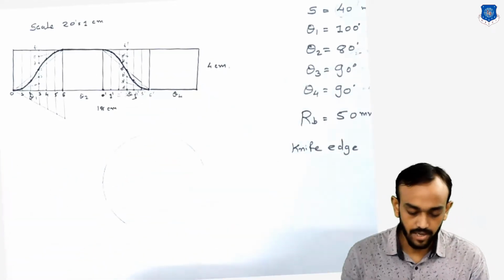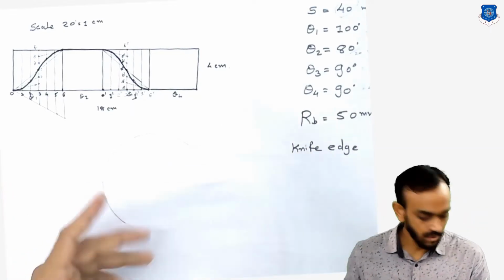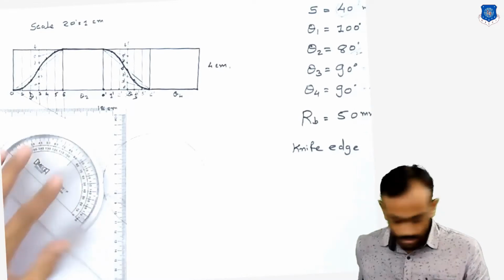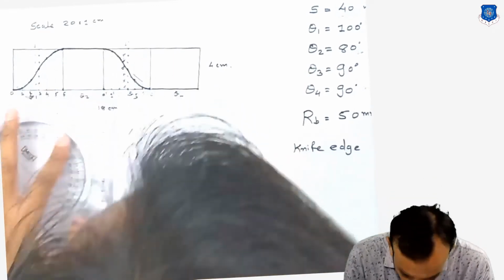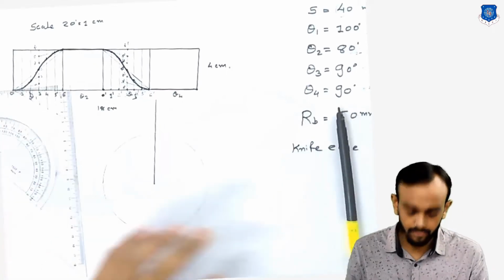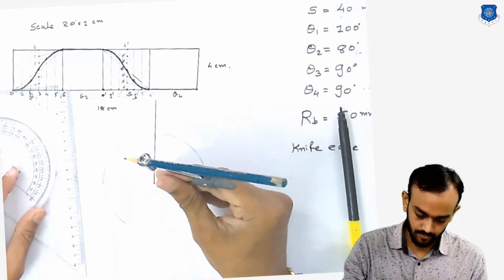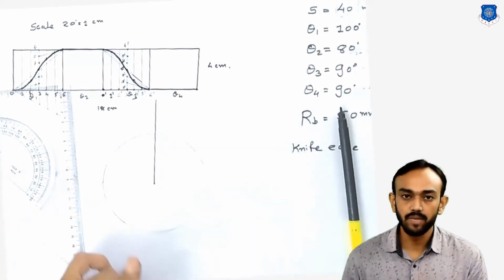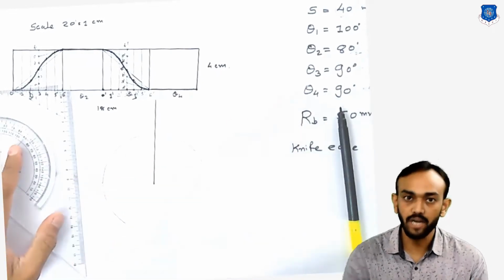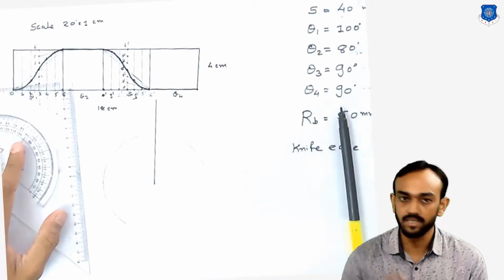Okay, now what you have to do, first of all, make the vertical line here. Remember, this vertical line is your reference line, and with respect to that you have to make the 4 parts of this circle.